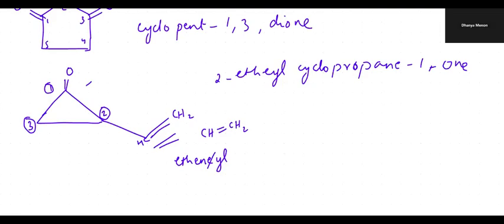And here I'm removing this E because this E and O are coming near each other. I hope I'm clear. One group because it's a ketone.